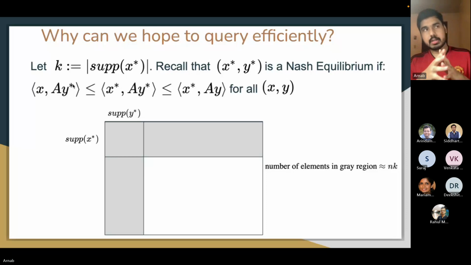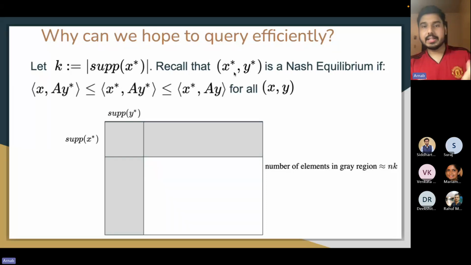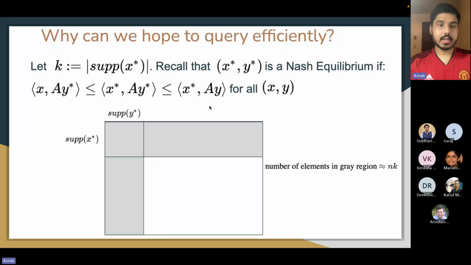Now you might wonder, okay, why is it the case? Why do we even think about solving this particular problem? So if you recall the definition of (x star, y star) being a Nash equilibrium, this particular inequality should hold. Which is like x star A y star should be less than x star A y, and this should be greater than x A y star.